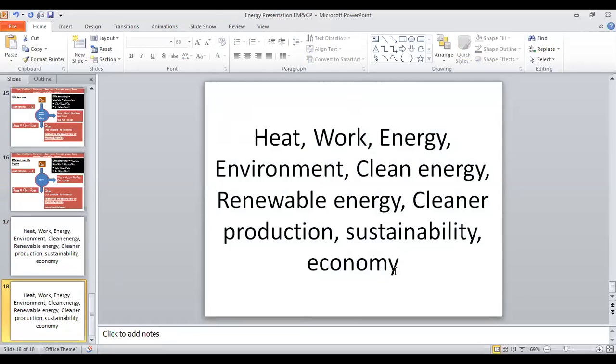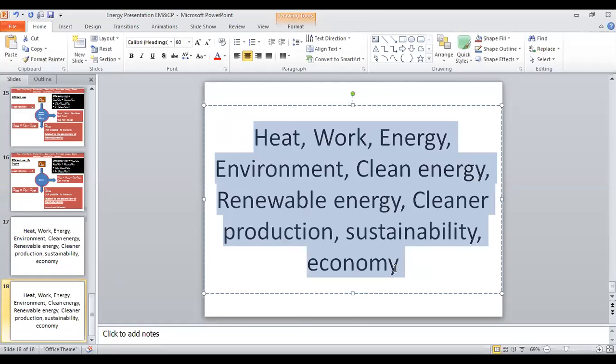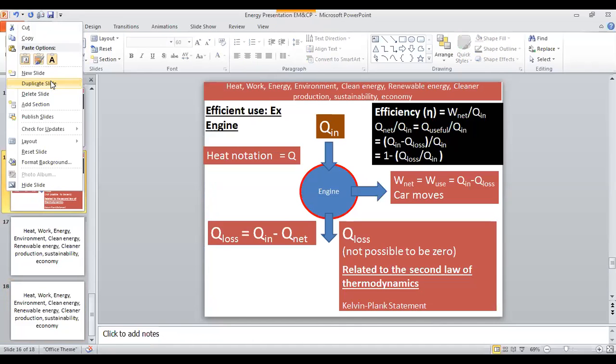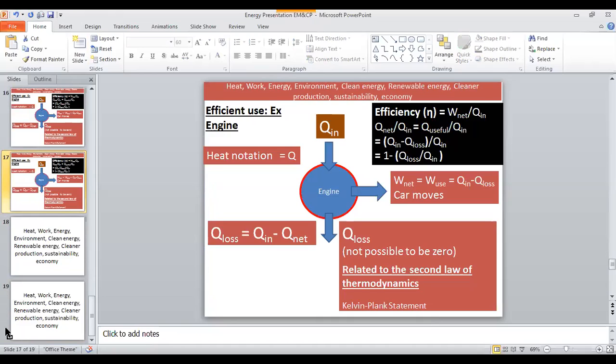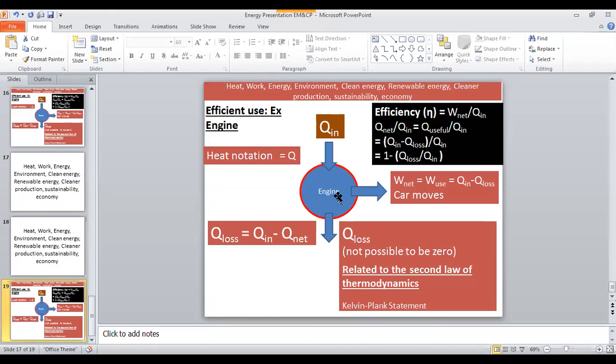So let's say now I'm going to use the familiar diagram here, Q in, Q loss.